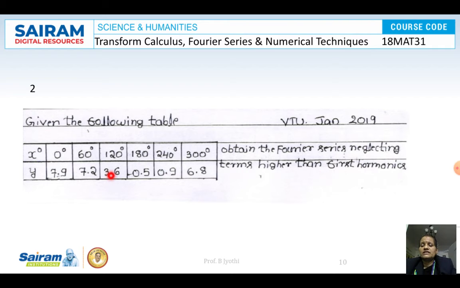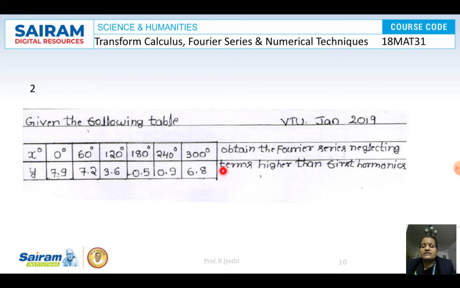Given the following table, x is in degrees, that is 0 degrees, 60 degrees, 120 and so on. Successively we have a difference of 60 and it is up to 300 only. When we take the next value, that is 360, it gives the same answer, that is 7.9, so we neglect that.